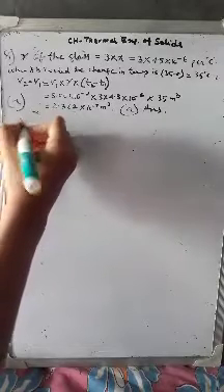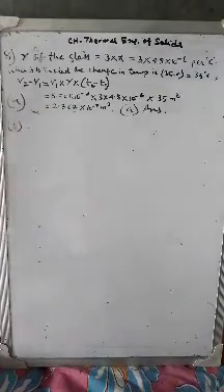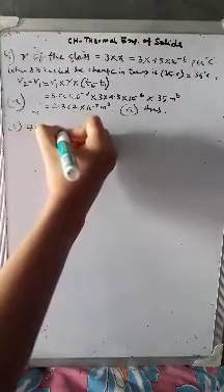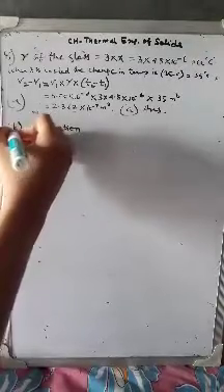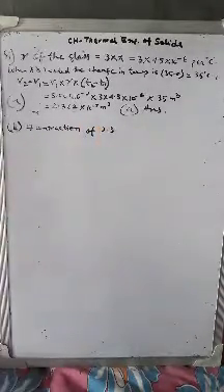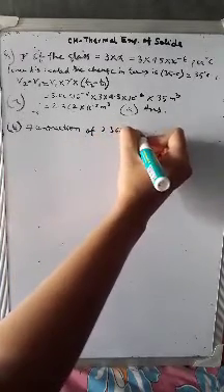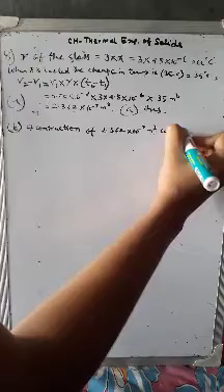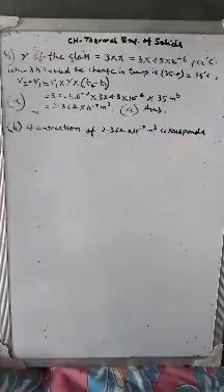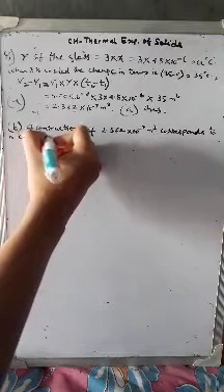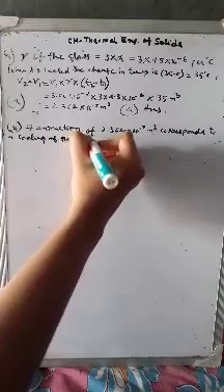So part B, I'm just writing the statement: a contraction of 2.362 into 10 to the power minus 7 meter cube corresponds to a cooling of the flask by 35 degrees C.